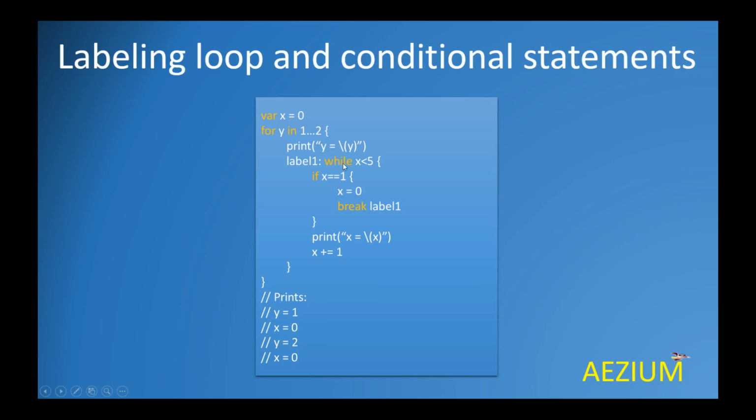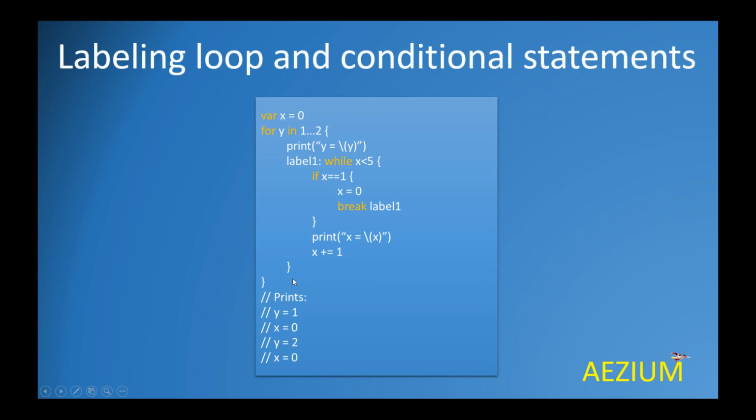For the first time, because x is equal to 0, the if statement is not run, and we print the value of x, we increment x, and then we continue with our while loop. In the second run of the while loop, x is now equal to 1, the if statement is activated, and for the second time the break causes a break out of the while loop, because again label 1 indicates that the while loop is the one that the break should be applied to.